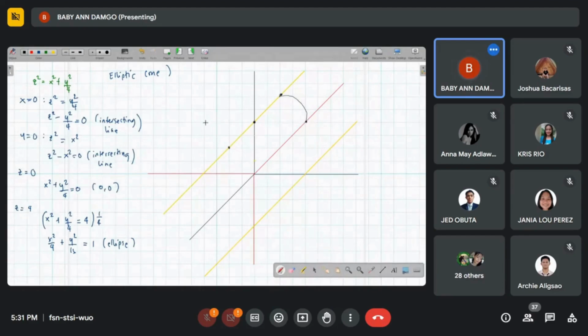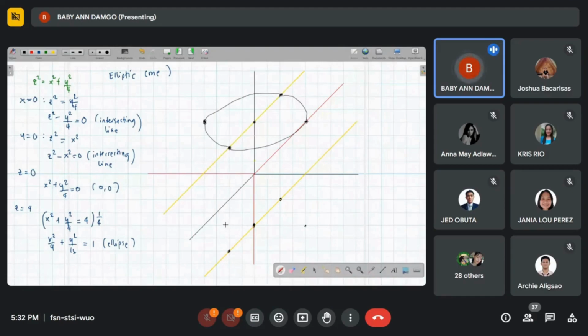Okay, for z is negative 4. So our x is 2. We have, this is the center. So 1, 2. 1, 2. And then 4 ang y, 1, 2, 3, 4.